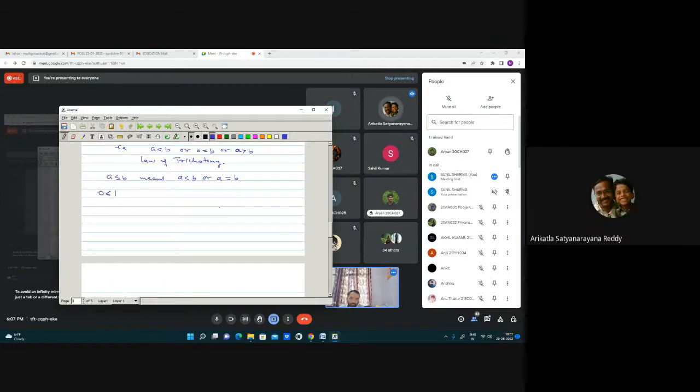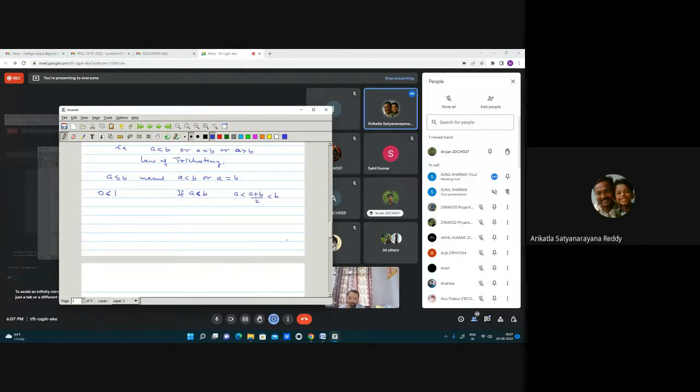Actually, better we'll ask one question here. We'll come to 0 less than 1, but since Aryan is saying something else, we'll prove that first. Aryan is saying that if A is less than B, then A is less than A plus B by 2, less than B. Somebody can prove this.